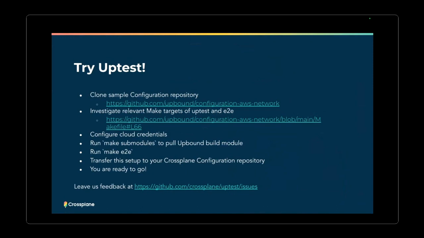Don't forget to make submodules to pull in our amazing build submodule that will enable a lot of heavy lifting for the CI pipelines, and run make and tweak. Basically, after you get this test flow on our repository, it's very easy to integrate with your custom one and transfer this end-to-end mechanism and uptest into your custom repo, provider, or configuration.